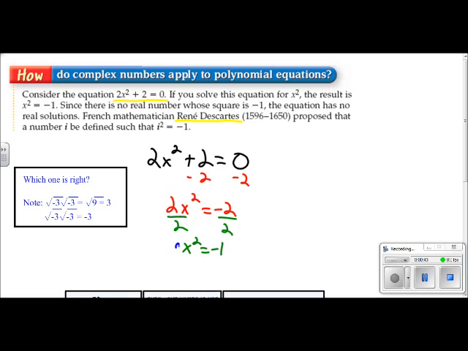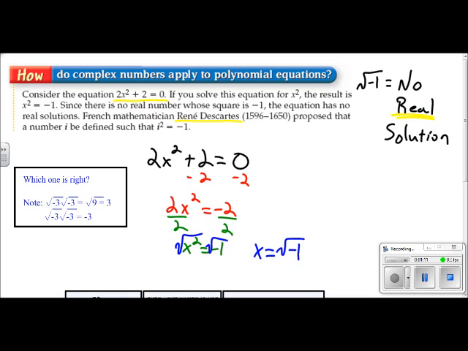And to solve from here, we'd take the square root of both sides, which would leave x equals the square root of negative 1. Now, up until now, we've been saying that anytime we have the square root of a negative number, there is no real solution. And this is true, there's no real solution.